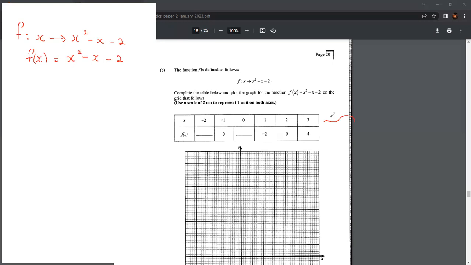Remember, your f of x comes like y. So what you normally do, if you treated this as y, same thing you do. Right? So this comes like your y. So if I had to find this, wouldn't I substitute -2 wherever I had x?